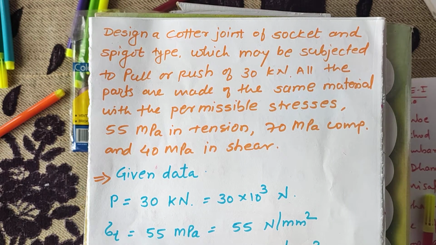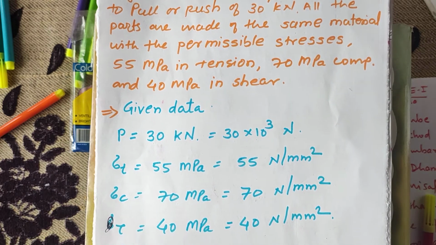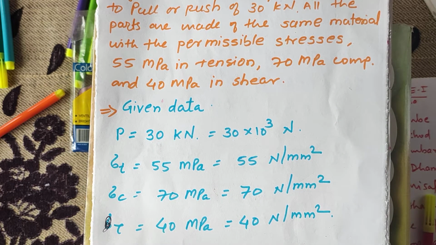Same material with the permissible stresses: 55 megapascal in tension, 70 megapascal in compression, and 40 megapascal in shear. The force acting is 30 kilonewton, that is 30 into 10 raised to 3 Newton.